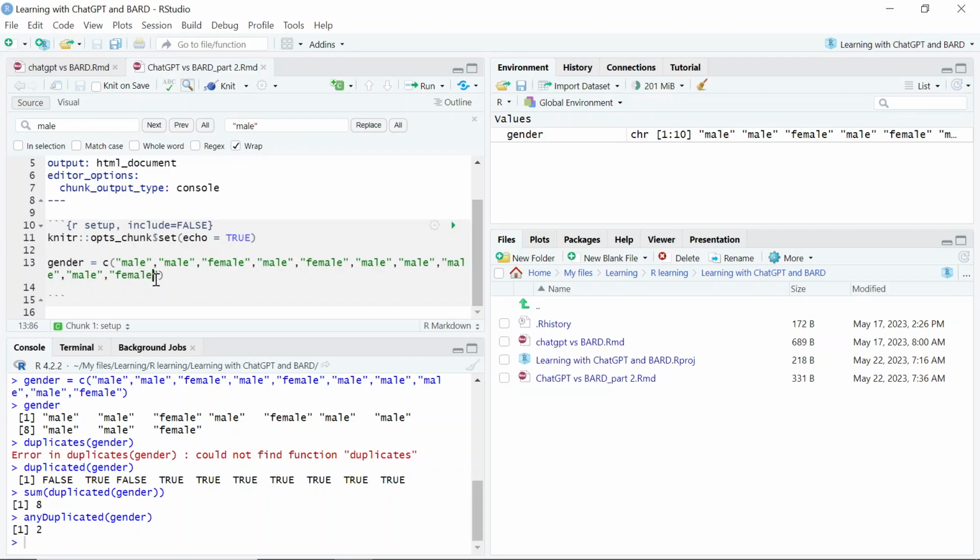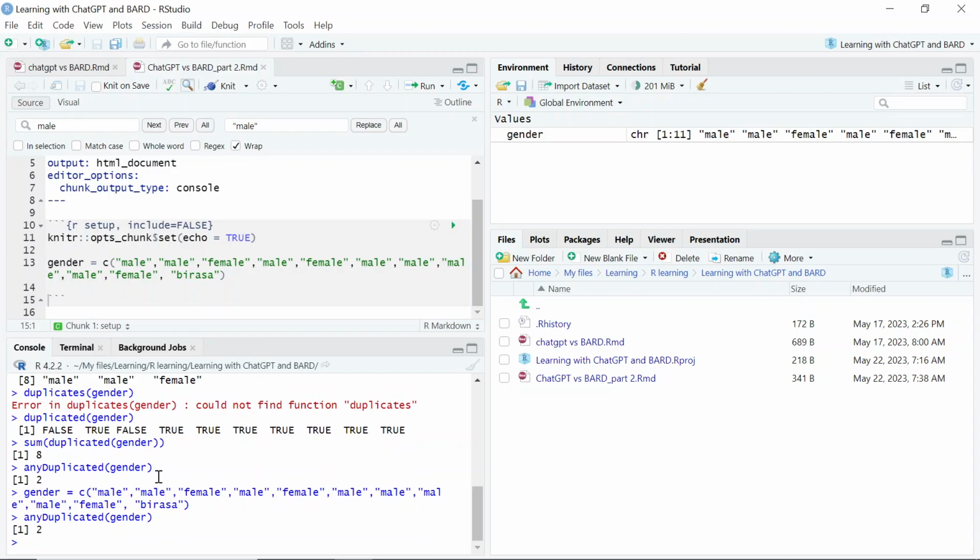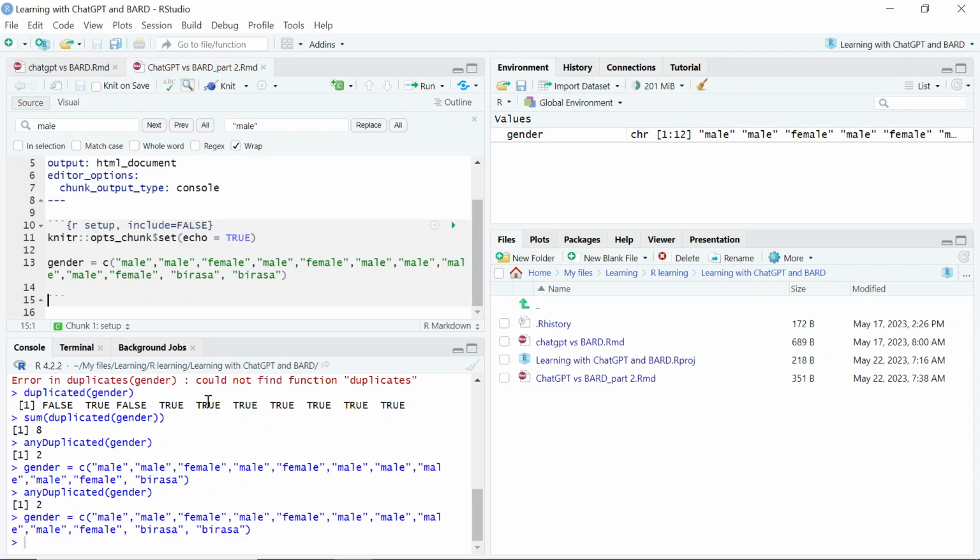Let me add Birasa here to check if it will increase the number of duplicates. The value will remain 2 because Birasa is not duplicated. Let me add another Birasa here to check if it will increase.